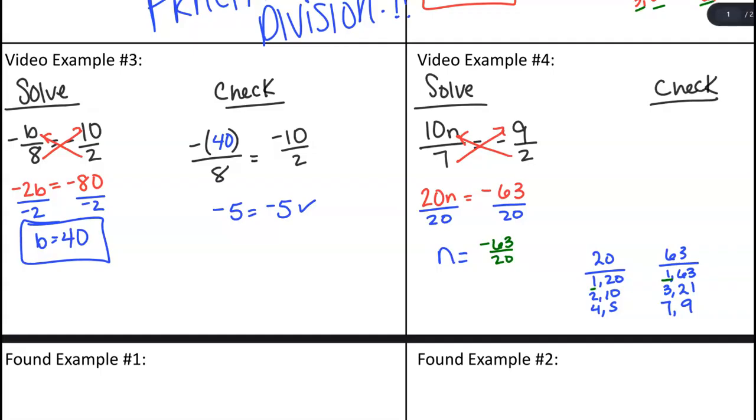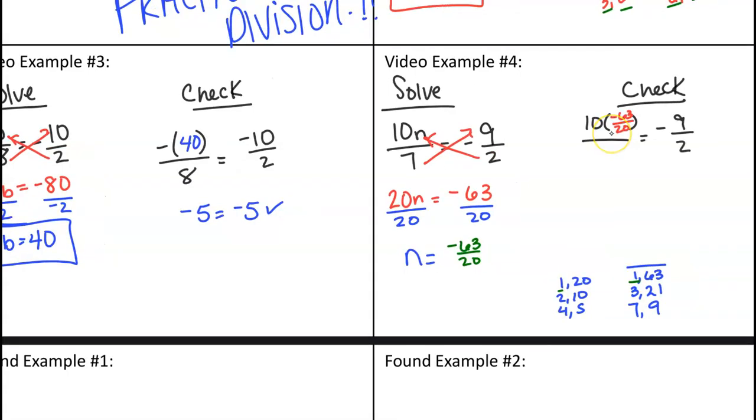All right, let's check it. So we put that in there, and then we have 7 down here. Okay, so we can simplify this a little bit. So 10 and 20 can simplify to just, now we just have negative 63 over 2. All right, so what I'm going to do, you remember KFC, keep, flip, change? So when you are dividing by fractions, you flip and multiply.